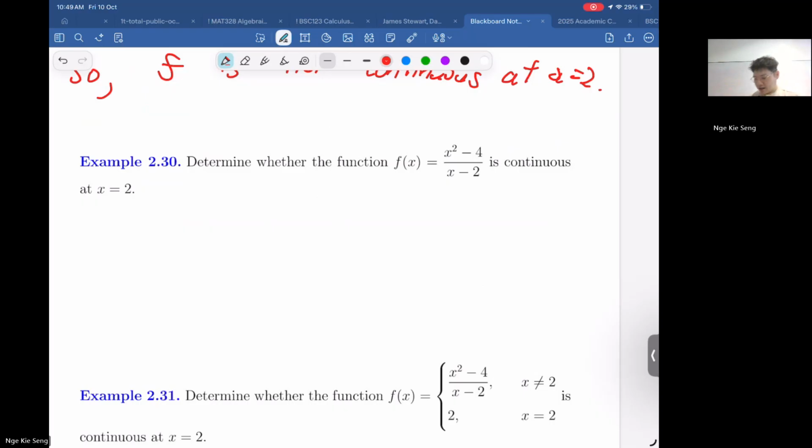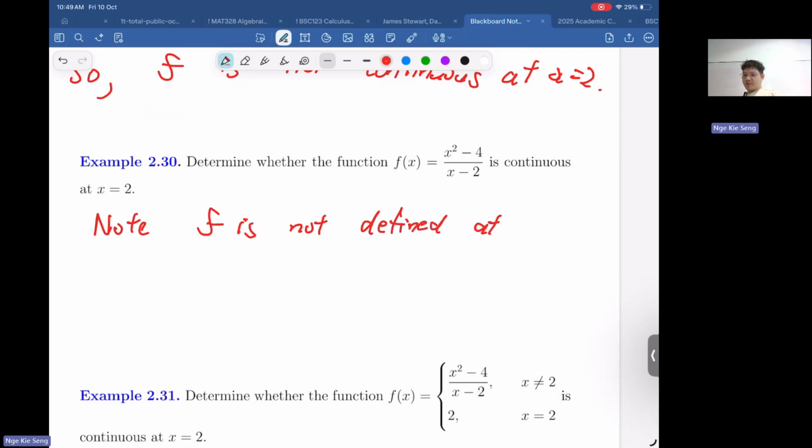So again, f is not defined at x equals 2. This is also another mistake students will make. You just substitute 2 into the numerator, get 0, then you are happy. But you didn't realize that you are dividing by 0 as well. So it's undefined, so f is not continuous.